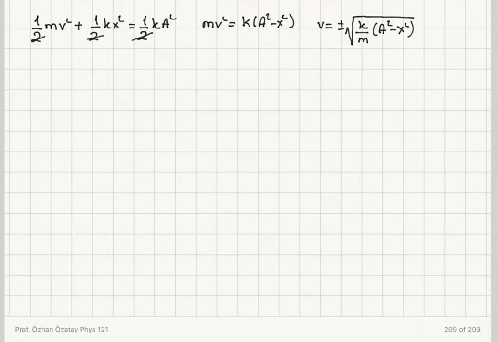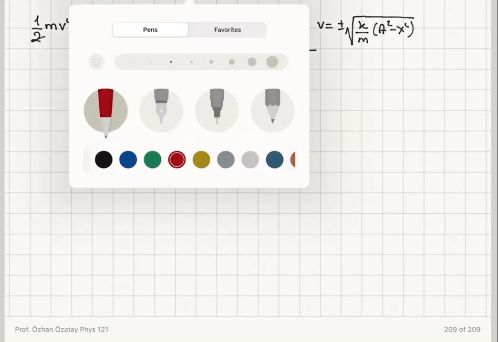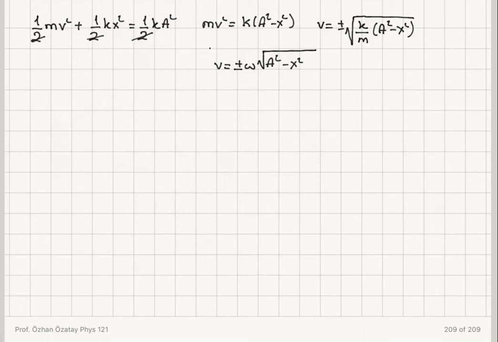In other words, v is equal to plus or minus square root of k over m times (a squared minus x squared). The square root of k over m is omega, so the velocity must be equal to plus or minus omega times the square root of a squared minus x squared.